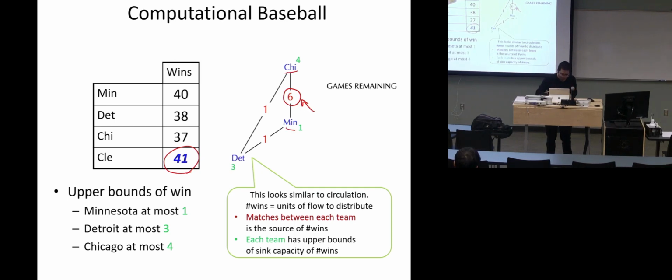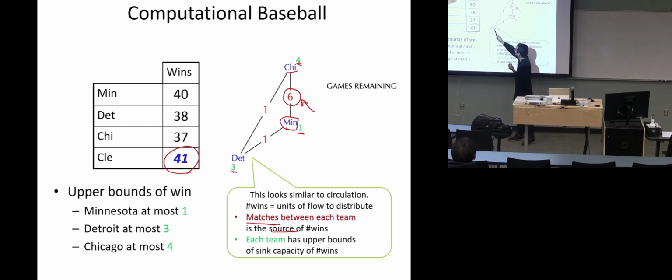So the number of wins here is like the amount of flow that needs to be distributed to some team. So these matches look like the source of the number of wins, and each of these teams here is like the sink capacity.